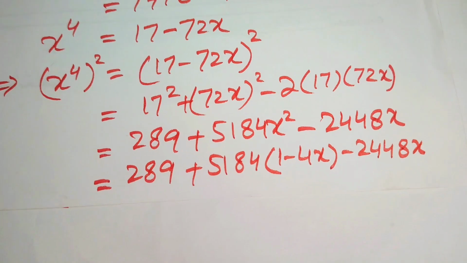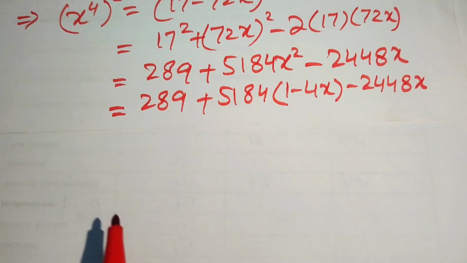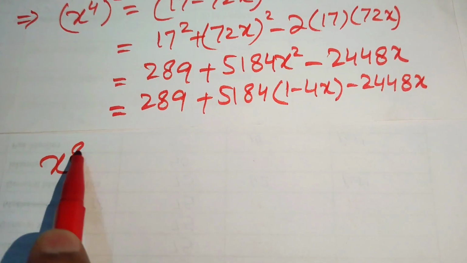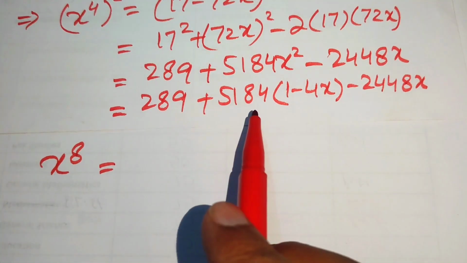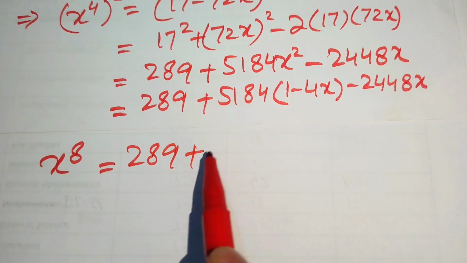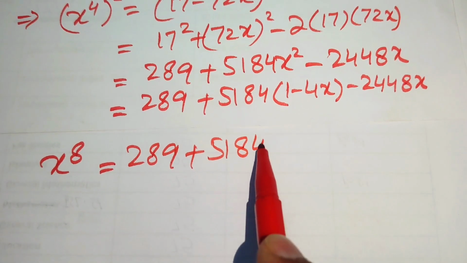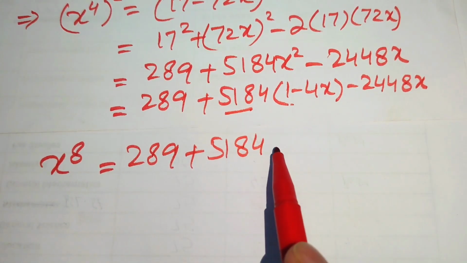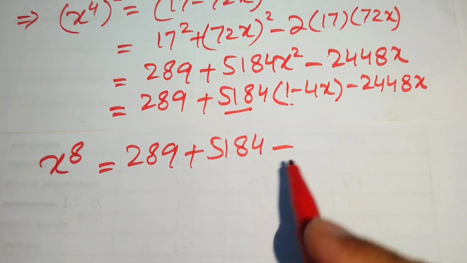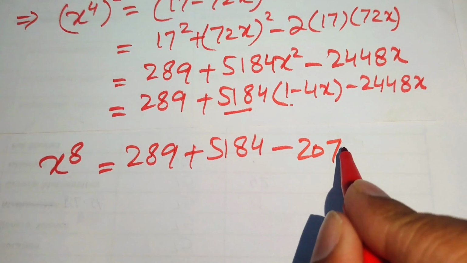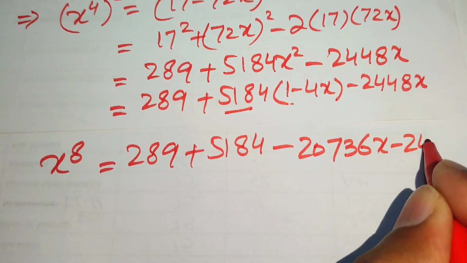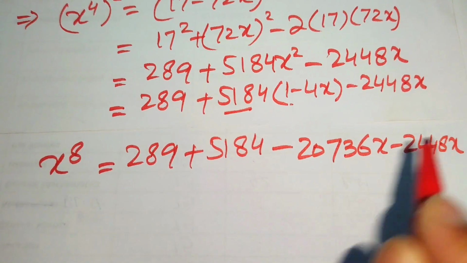2448 into x. And after this step, on the left hand side, you get x to the power of 8 equals, here we need to multiply this term on both of these terms, and you get 289 plus 5184. We multiply this term on both of these terms. When you multiply this by 4x, then you get minus 20736 into x, minus this term is 2448x.